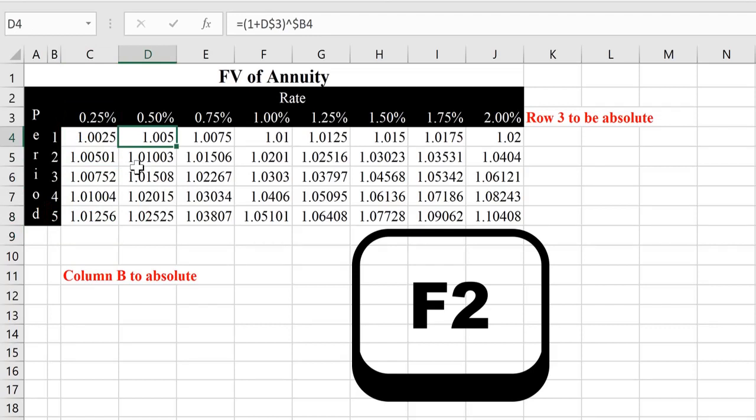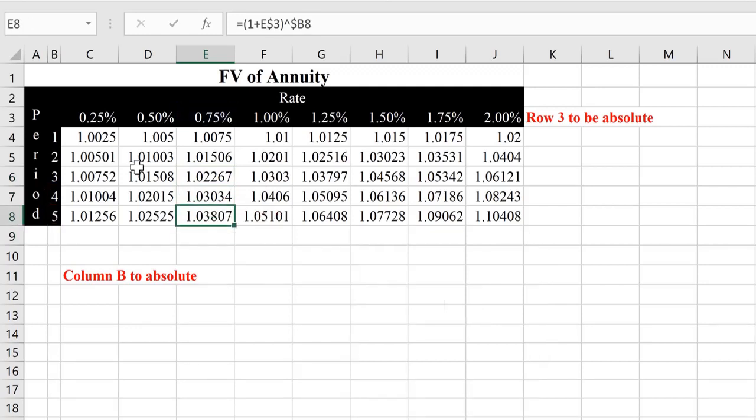For 0.5%, year 1, year 2, year 3, year 4. So you can see that we have developed the table without any error, and this was only possible by making column B absolute and row 3 absolute.